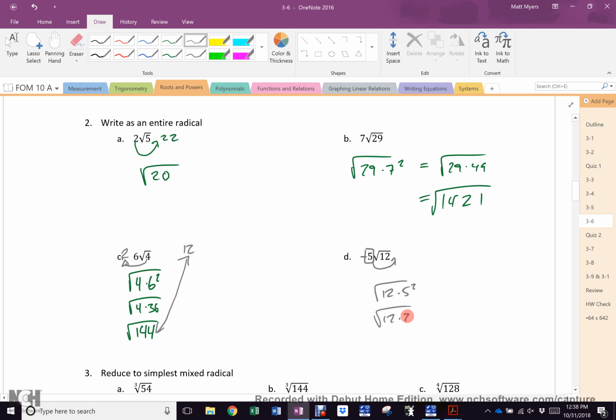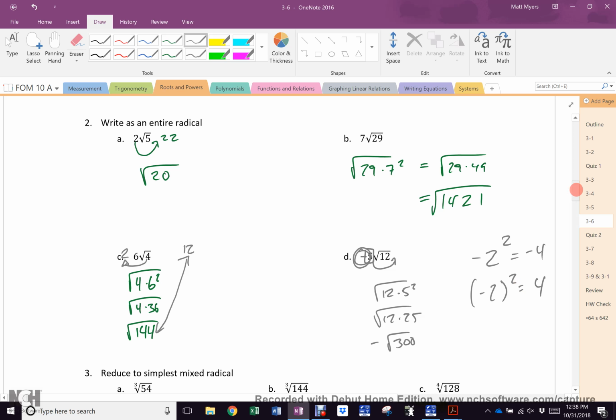Which would be 12 times 25, which would be 300. But I can't forget the negative out front. It's exactly like the negatives with exponents, isn't it? Remember, this is negative 4, but this is positive 4. Everybody remember? Okay, now you know everything there is to know about simplifying radicals.